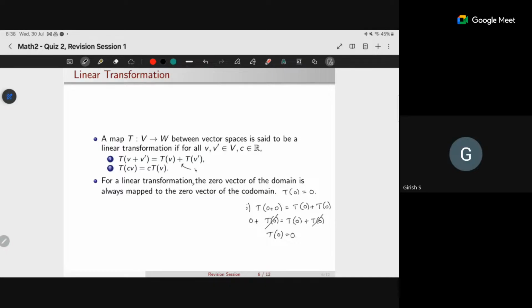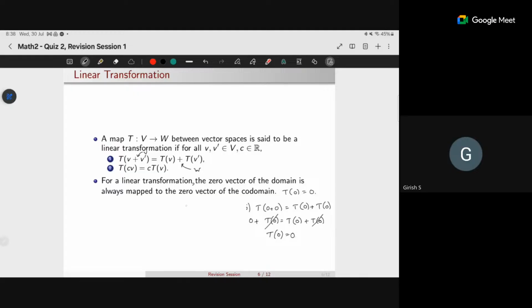So this is happening in W, and this is happening in V. On the left-hand side, the plus is of V, and on the right-hand side, the plus is of W. Similarly for scalar multiplication: on the left you're doing the scalar multiplication in V, and on the right-hand side you have c times T of v, which is scalar multiplication happening in W.